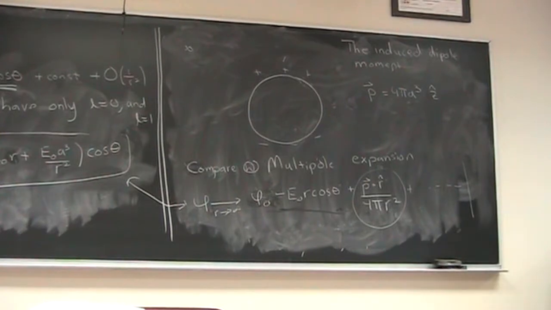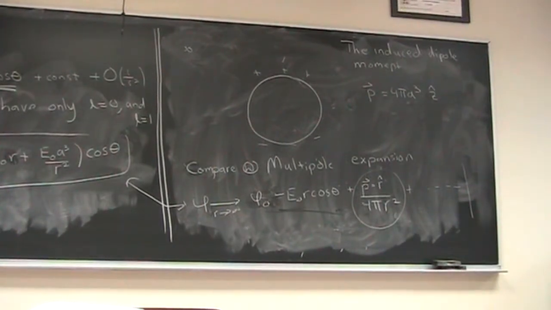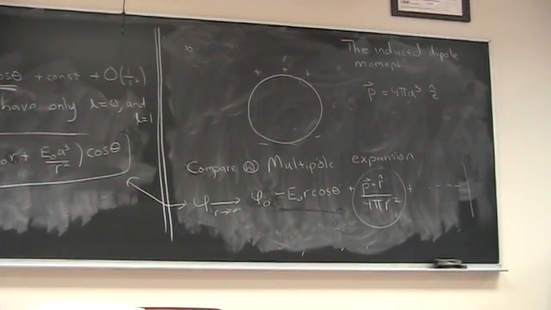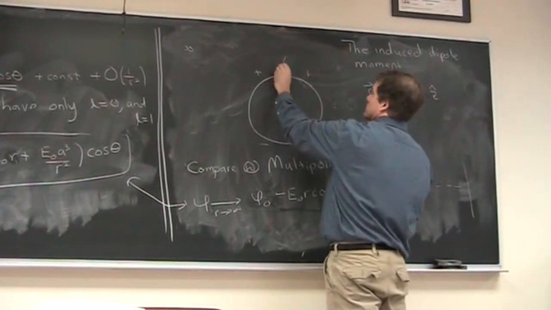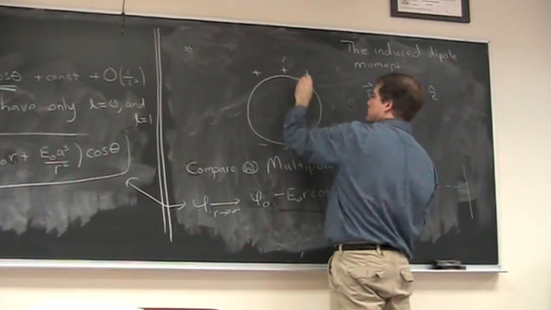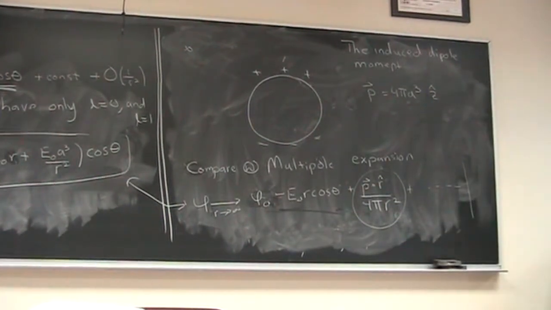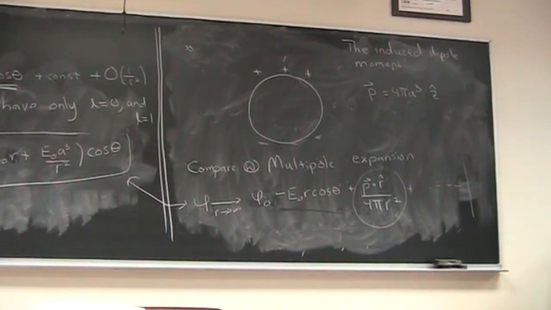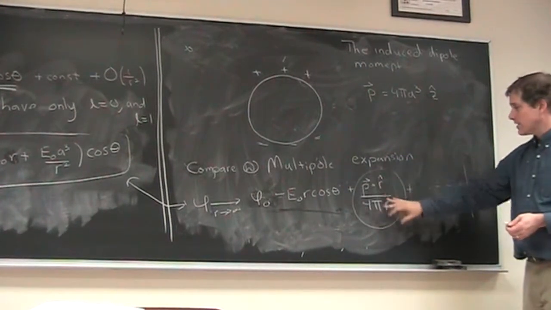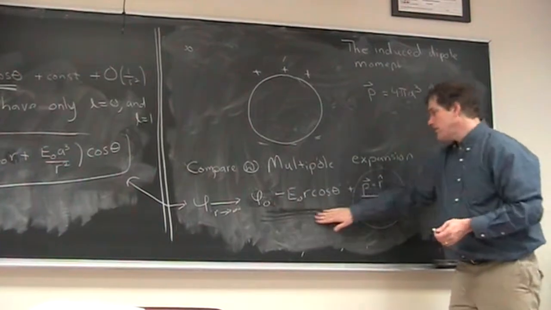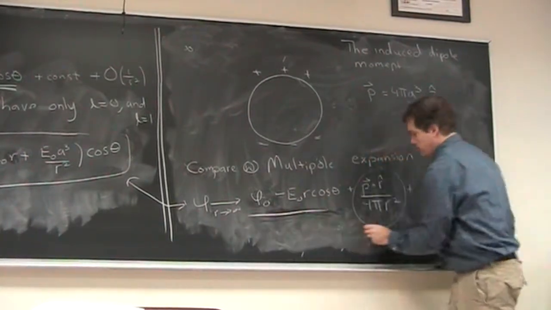So what happens is you turn on this electric field, you separate the charges plus and minus, and you get some charge distribution. You could analyze what the multipole expansion of that charge distribution is, and you're guaranteed that it will take this form: the external field plus an induced field.